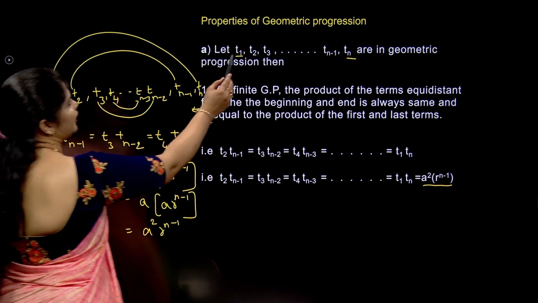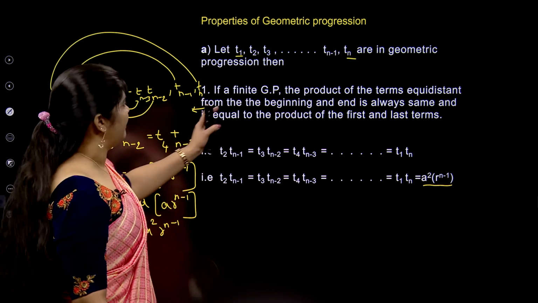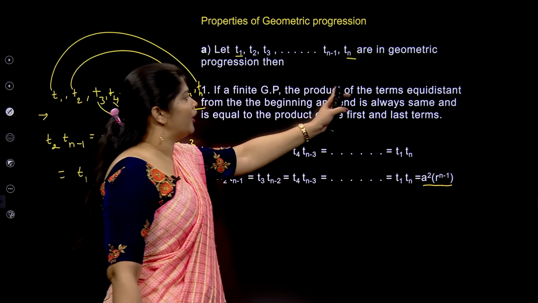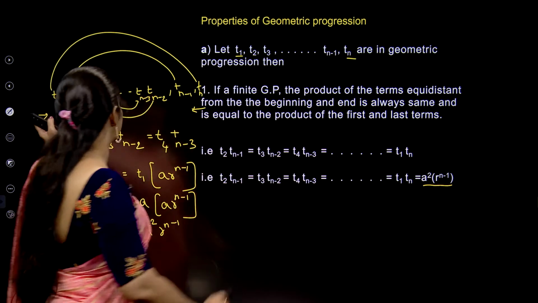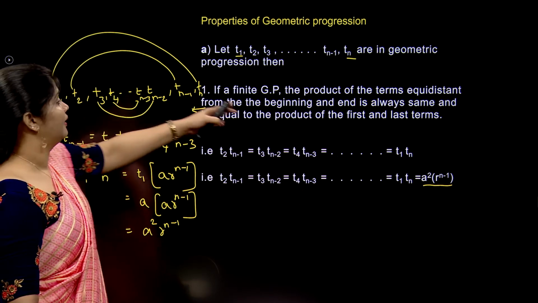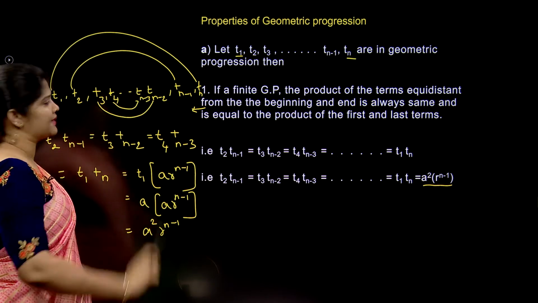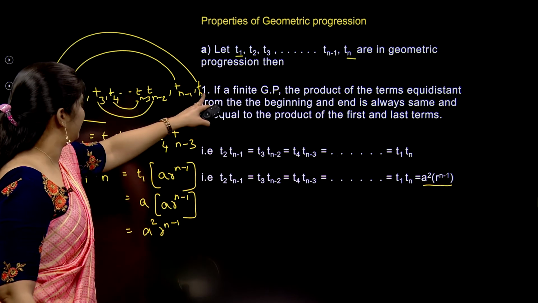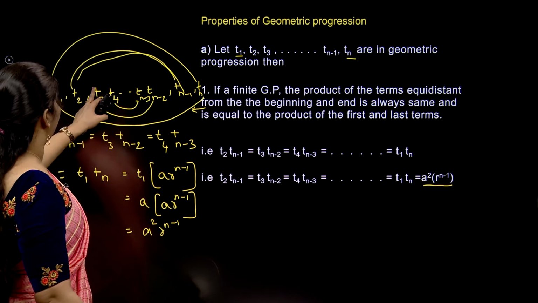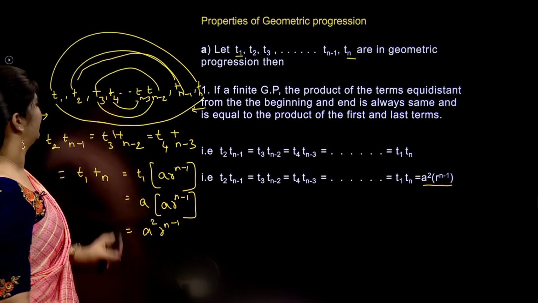Here T1, T2, T3 and so on, Tn minus 1, Tn, if this is a finite GP, the product of the terms equidistant from the beginning and end is always the same, equal to the product of the first and last terms: T1 Tn, T2 Tn minus 1, T3 Tn minus 2, T4 Tn minus 3.